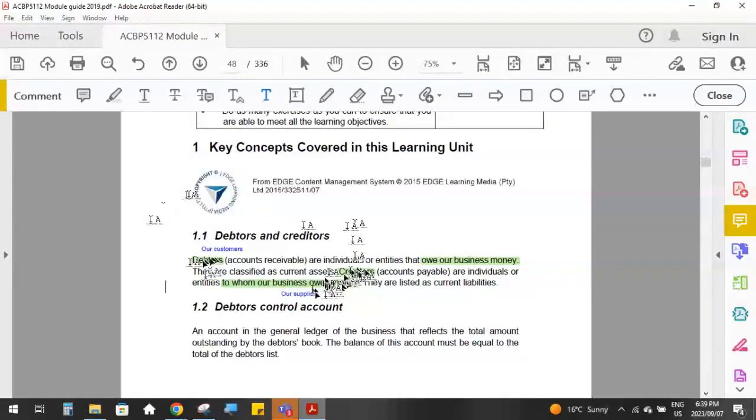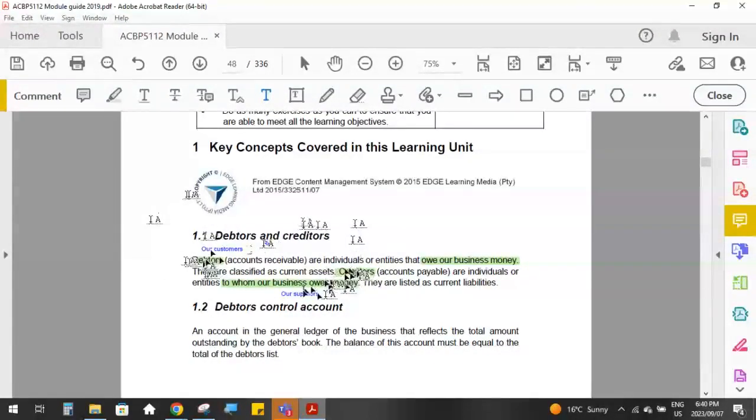So we don't do a debtors reconciliation because we don't receive any record from our customers. There is something that the customers send to us, and that is when they pay us an amount off on their account, they will generally send us a remittance advice.